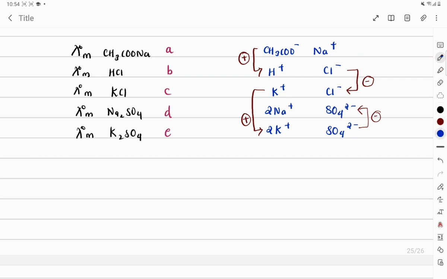Now let's try to establish that. Firstly, I had to add CH3COO minus, Na plus with H plus and Cl minus. Then I have to subtract KCl from that, minus K plus and Cl minus. Unwantedly a K plus is being added, so again I'll have to add to this 2K plus SO4 2 minus.